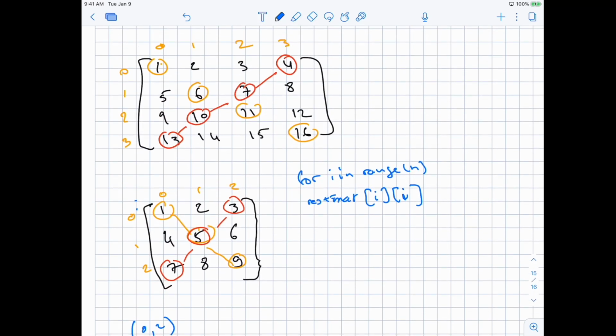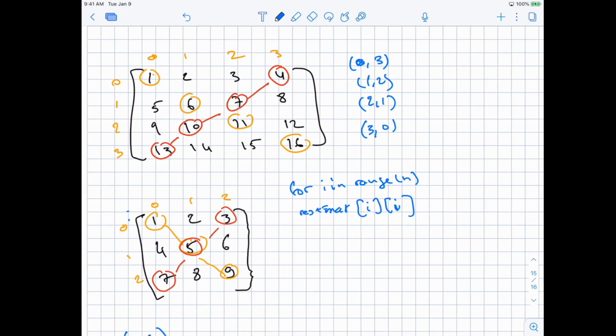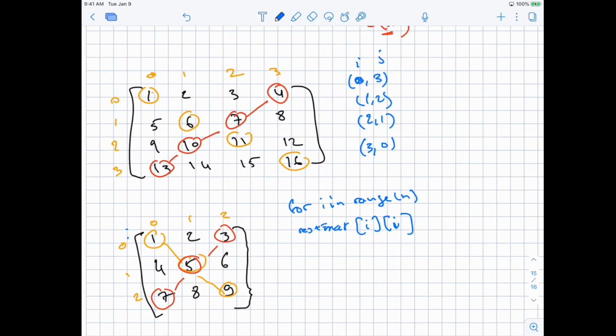So let's take this one. The first one is 0, 3. The second one is 1, 2. The third one is 2, 1. The last one is 3, 0. Again, here you can see if we put the i values, so this is the i and this is the j.